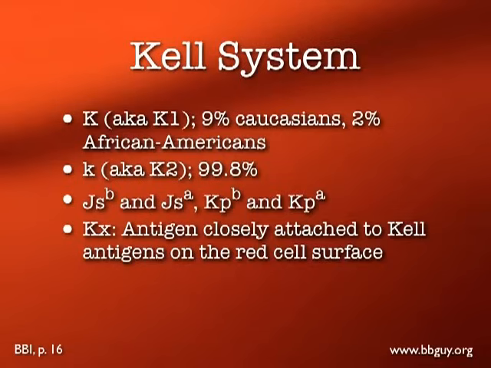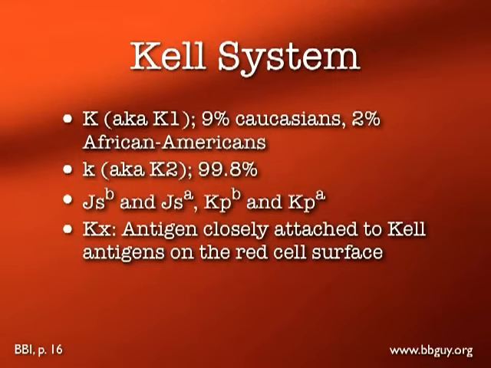Little k is also known as K2. Just about everybody, when they talk about big K, will call it Kel. That's technically not correct, but everybody pretty much knows what you mean. Better to say big K or K1, either way. But the big K antigen is seen in 9% of Caucasians and 2% of African Americans, so it's moderately low frequency. The little k, on the other hand, is seen in just about everyone.